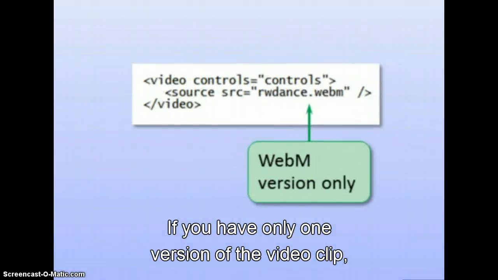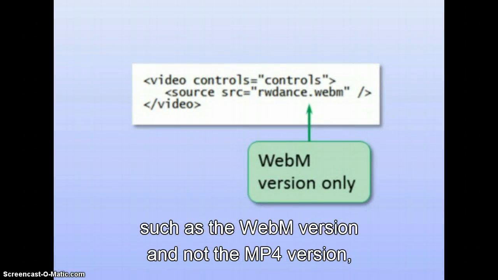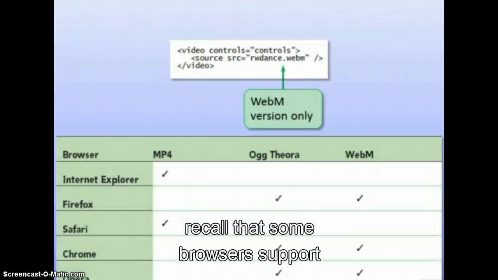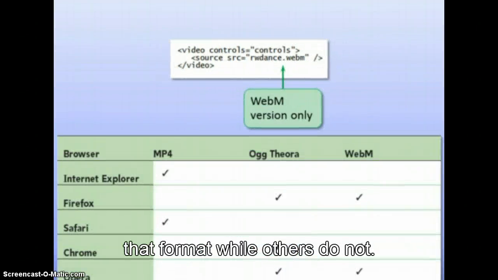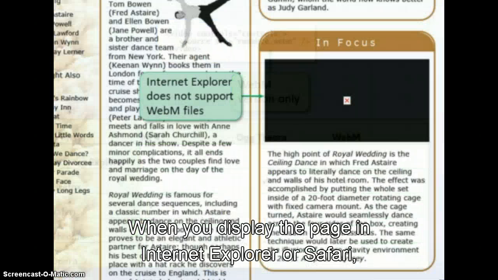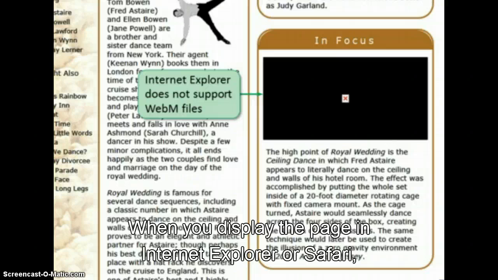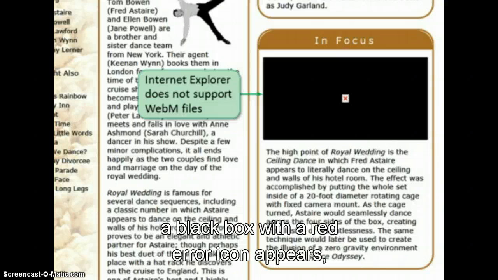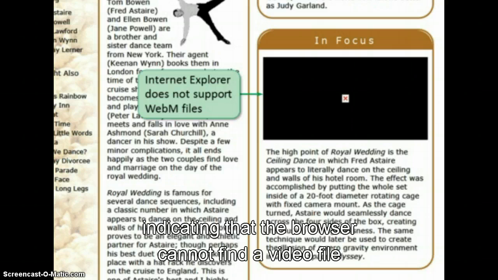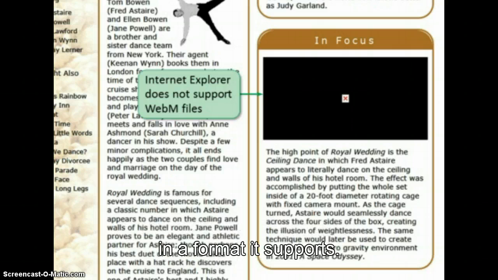If you have only one version of the video clip, such as the WebM version and not the MP4 version, recall that some browsers support that format while others do not. When you display the page in Internet Explorer or Safari, a black box with a red error icon appears, indicating that the browser cannot find a video file in a format it supports.